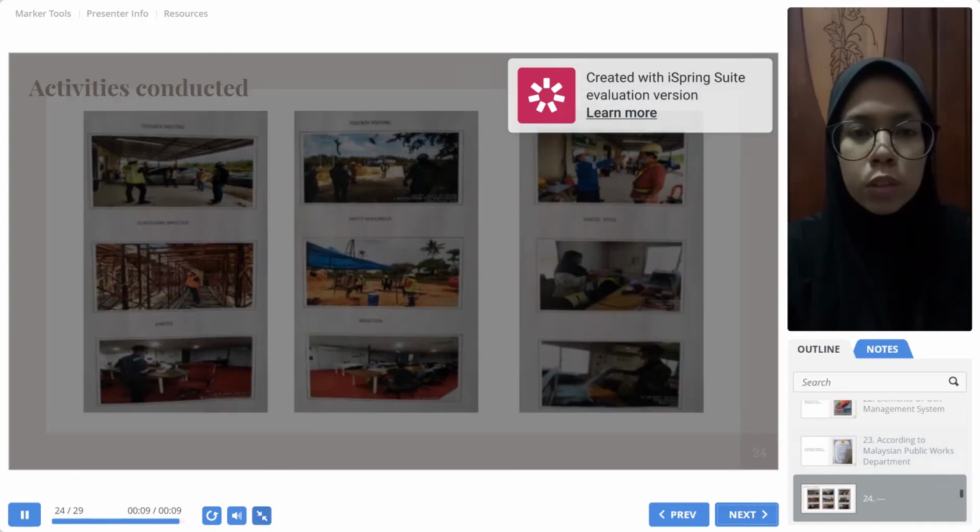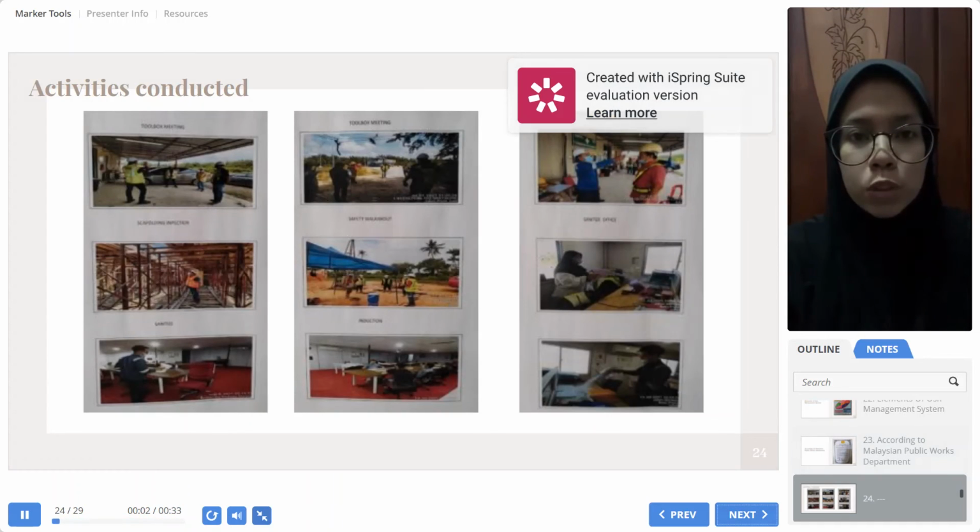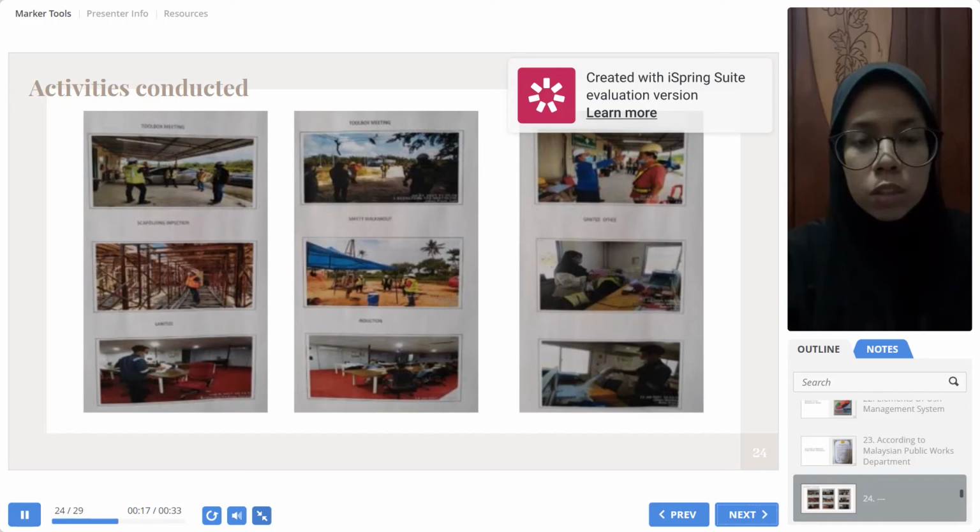To avoid the spread of COVID-19 on building sites, protocols must be established. Companies must consider any COVID-19 safety regulation set by the state or municipality where the project is being developed while undertaking construction projects. In order to prevent COVID-19, this project conducted a few safety activities such as checking the temperature of each worker and sanitizing the office.